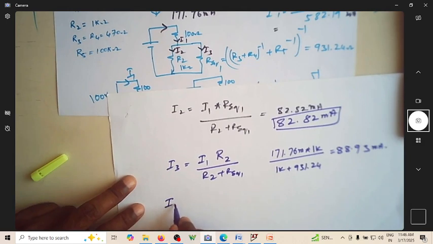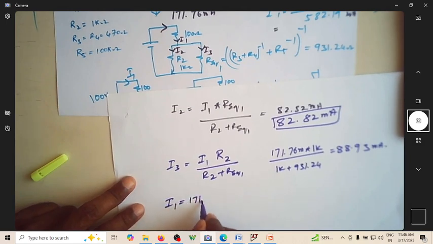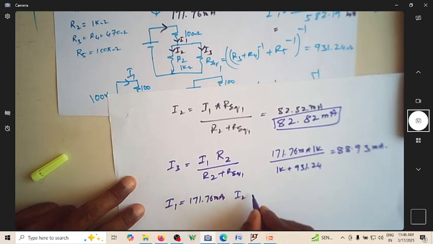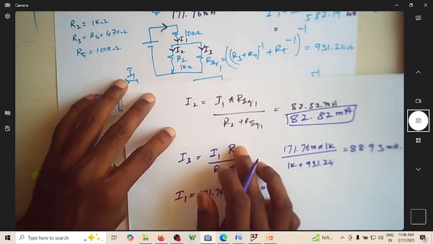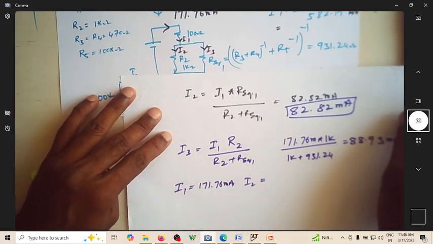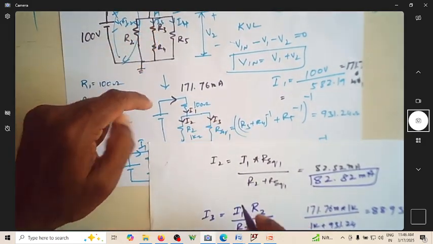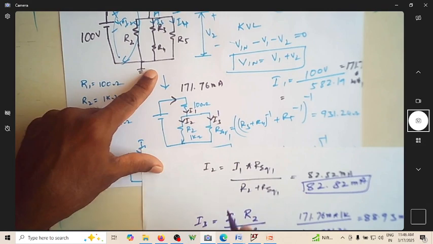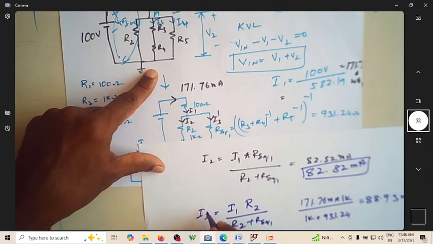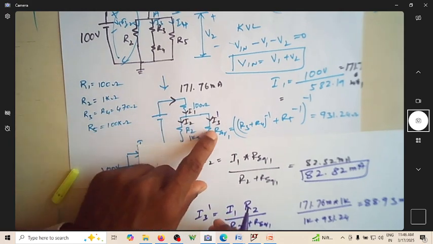So from this, I1 is equal to 171.76 milliampere, and I2 is equal to 82.82 milliamperes. This I3 that we named earlier is not this I3, so let me write this one as I3 dash.